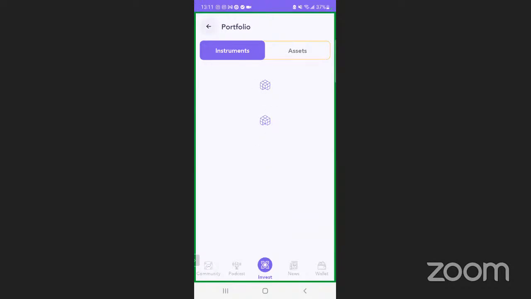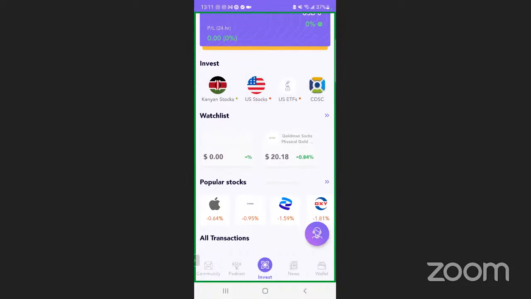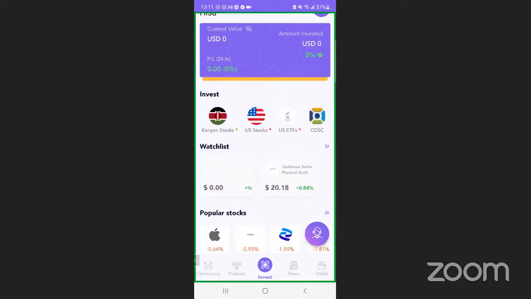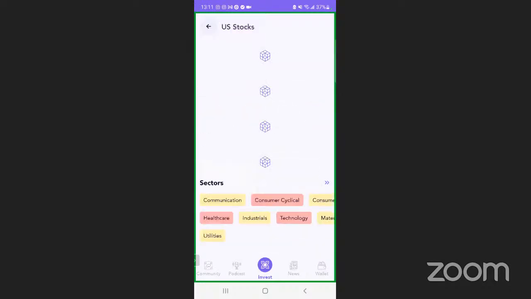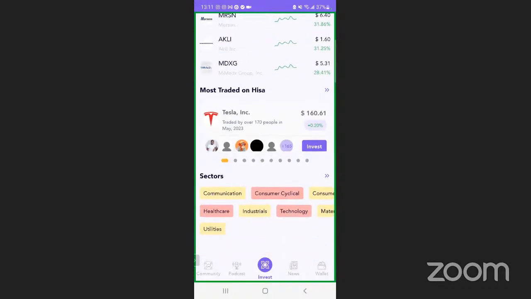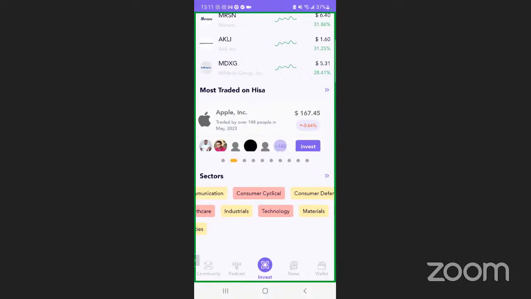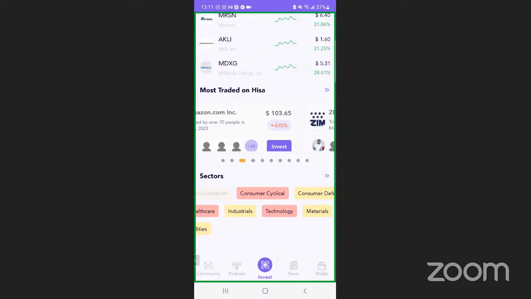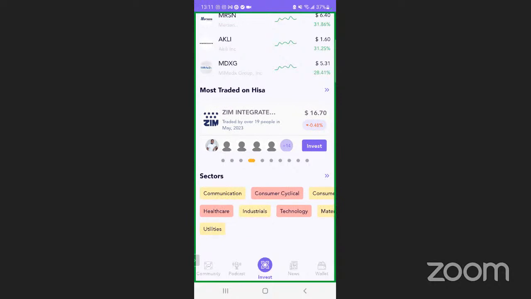Let's look at some of the US stocks. Let's say we have a situation where interest rates are being reduced by the Federal Reserve. And I've told you there are three sectors that tend to perform well during such a situation. So where will you start?